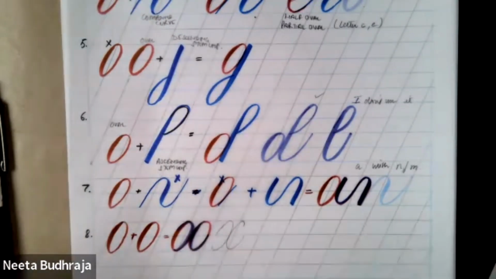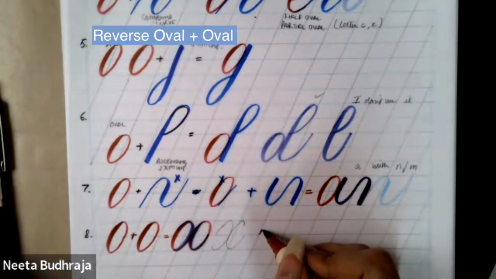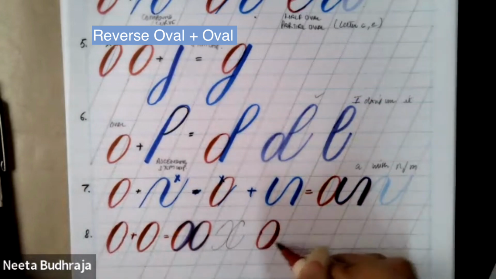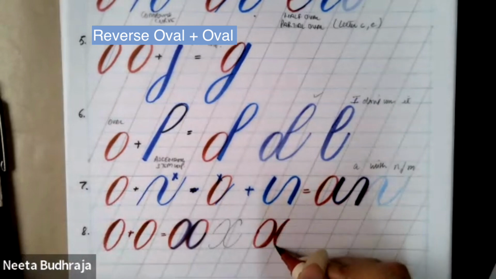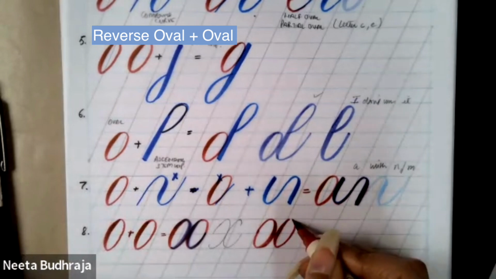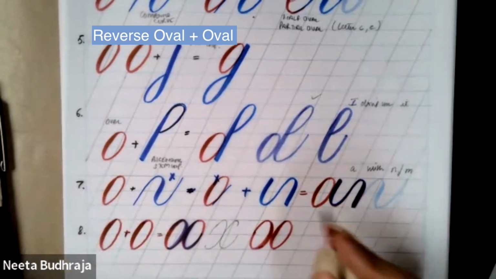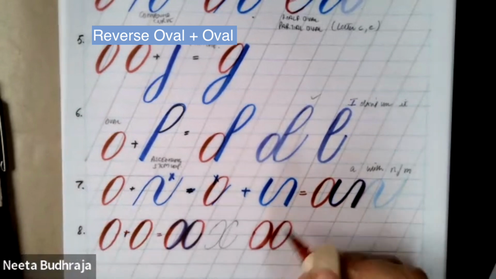So let's have a look how reverse oval can be done. So this is our reverse oval. And when we are combining it with our regular oval, then this portion can be used. And here we can keep our stroke just monoline, not with the shade.